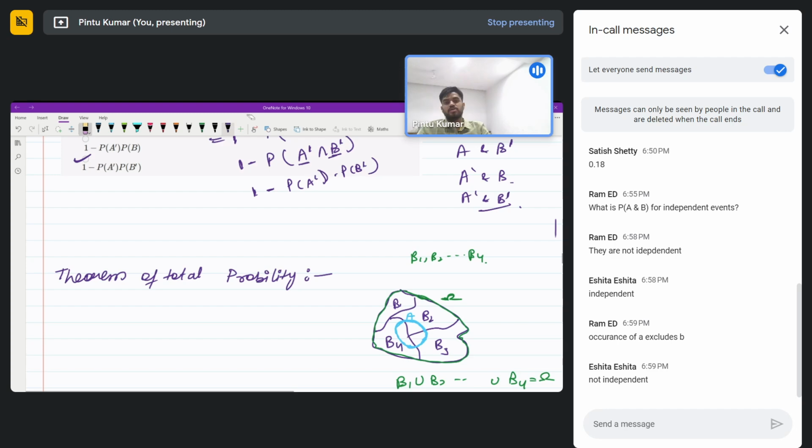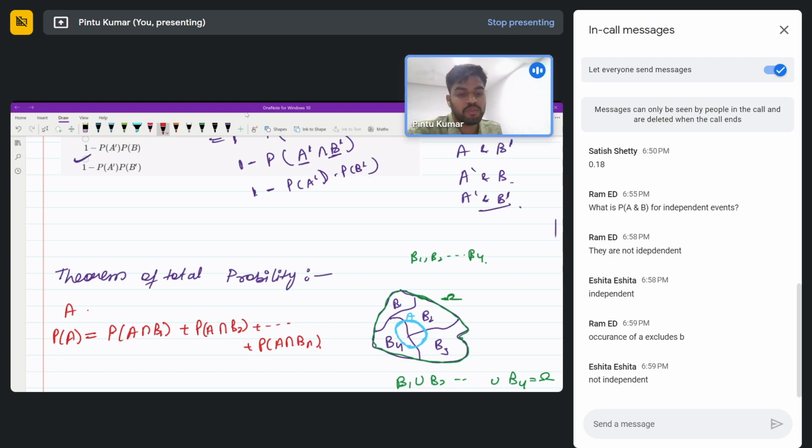So let's say you have a partition of this set, that is B1, B2, B3, B4, and you have some event A, and you want to find the probability of A. Then this is given by probability of A intersection B1 plus probability of A intersection B2 and so on. This is also intuitively correct, right?